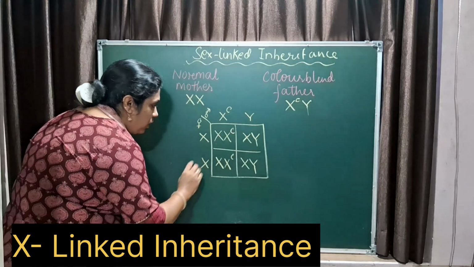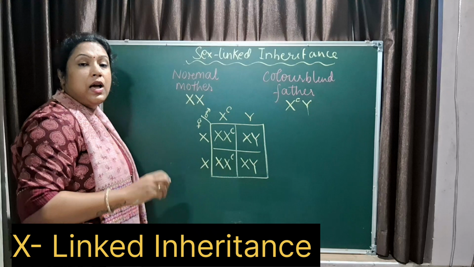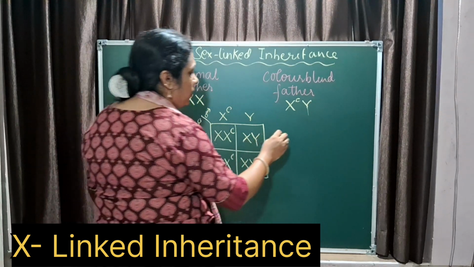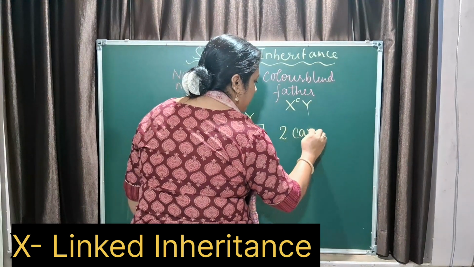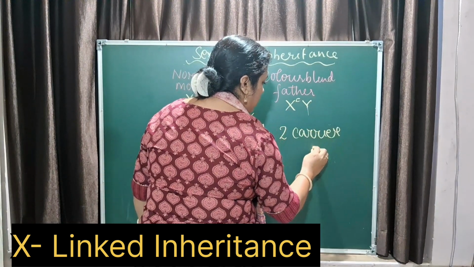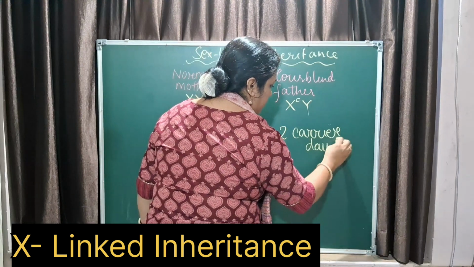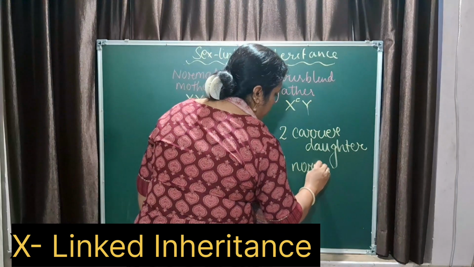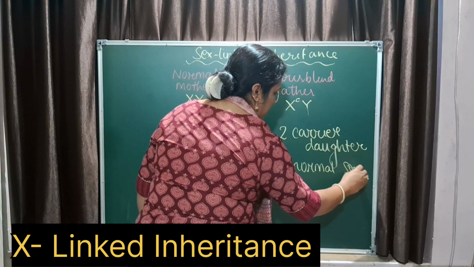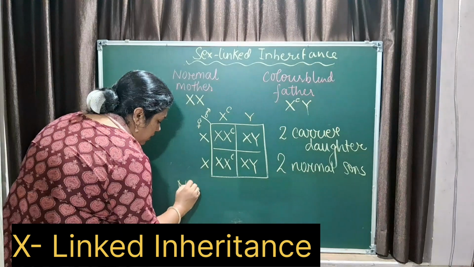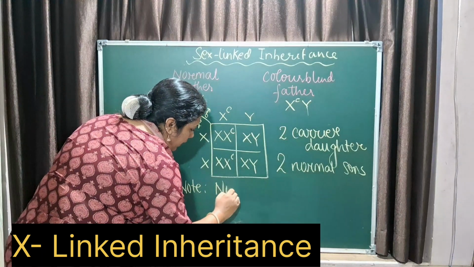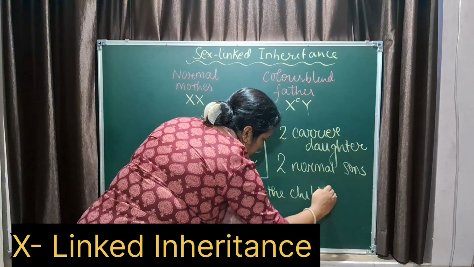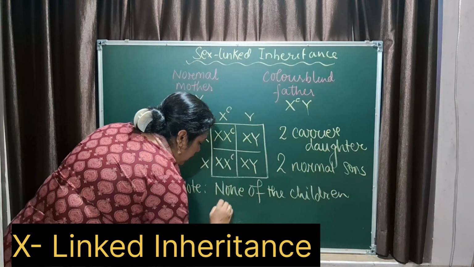So, if you see the phenotype, all the children of this couple are going to be normal visioned. Okay, so they have got 2 carrier daughters and 2 normal sons. Please note here that none of the children are color blind.